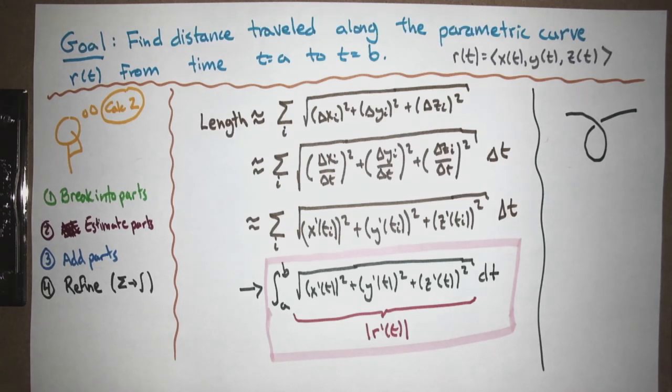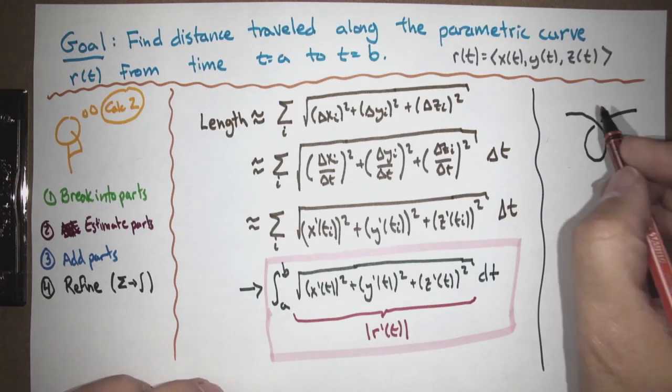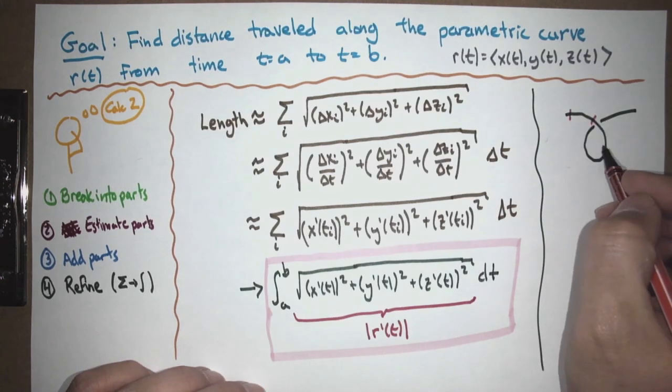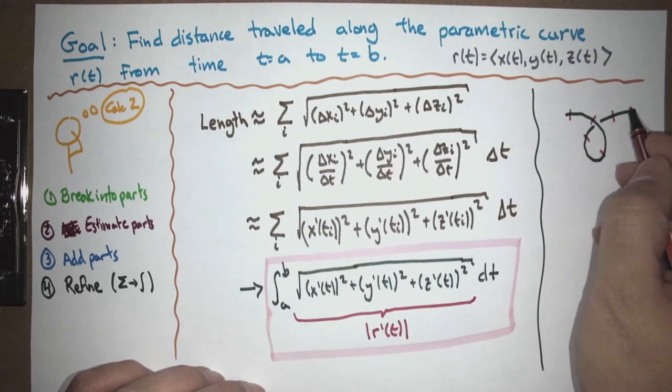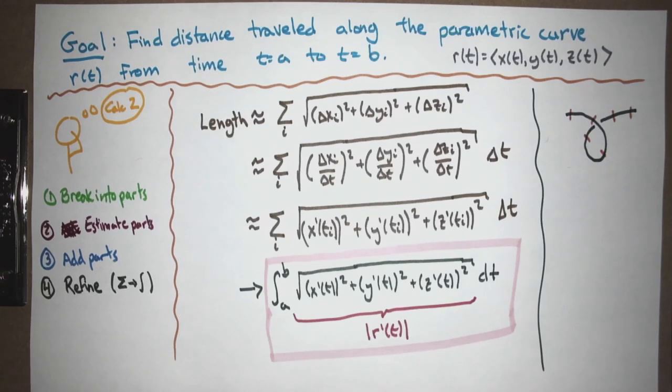And we say, all right, we're going to think of this, instead of one big curve, we'll split it up into pieces. Maybe we'll split it up into those pieces. So, all right, now that you've broken it into parts, you estimate the parts. And the idea is you say, okay, well, let's estimate with things which are easy. In particular, things which are flat.